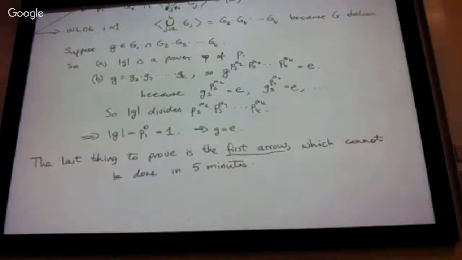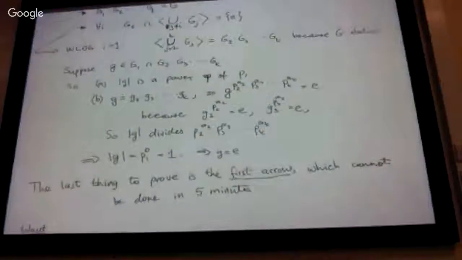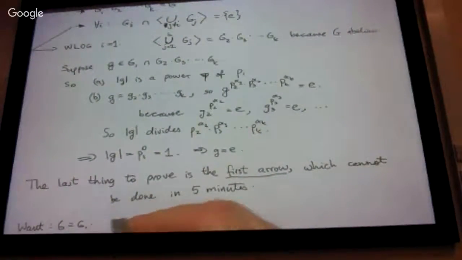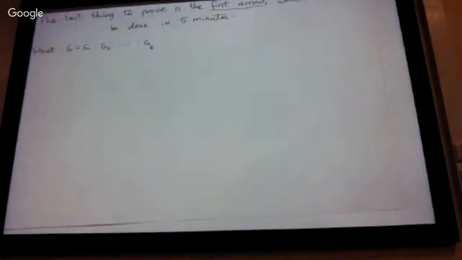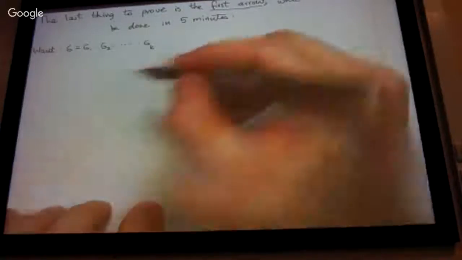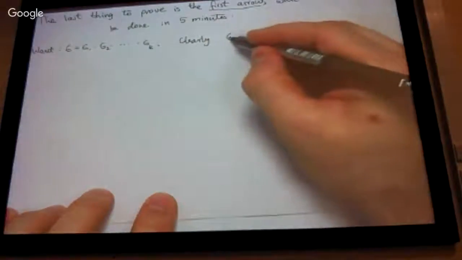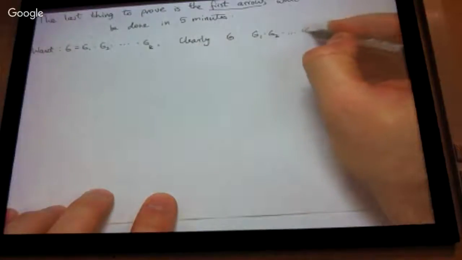So we're proving that G is G1 times G2 times up to Gk. Now, one of the inclusions is obvious. Which one?